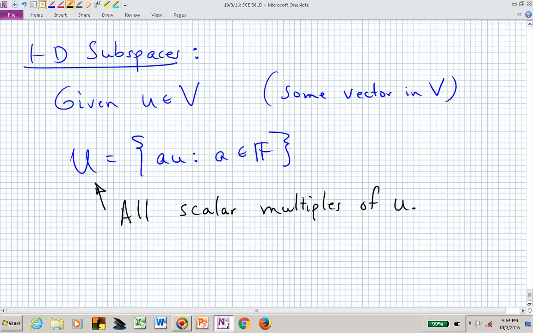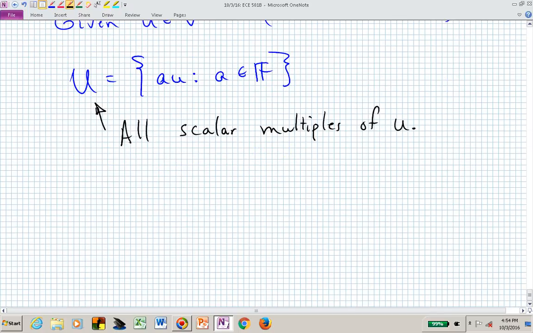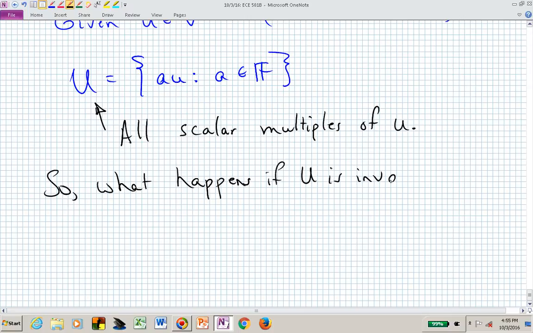And we want to ask the question, what happens if U, in fact, is an invariant subspace? What happens if U is invariant?